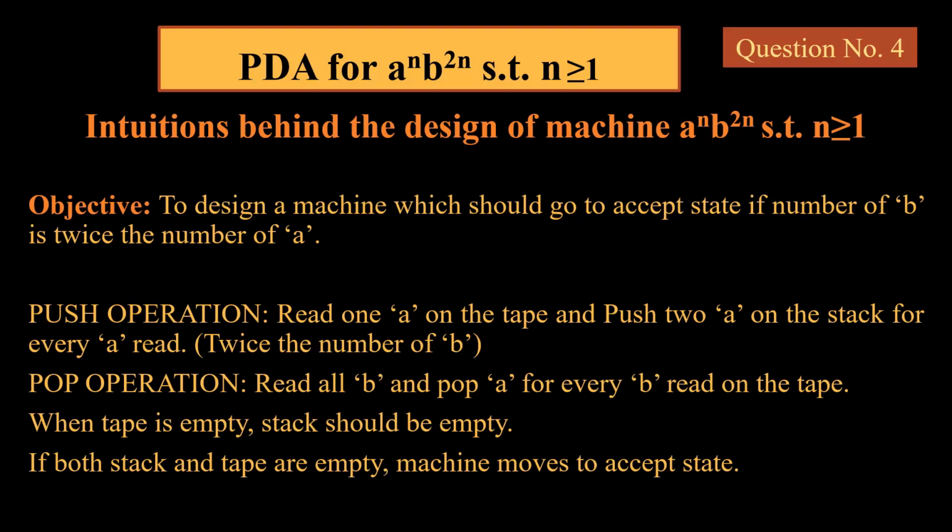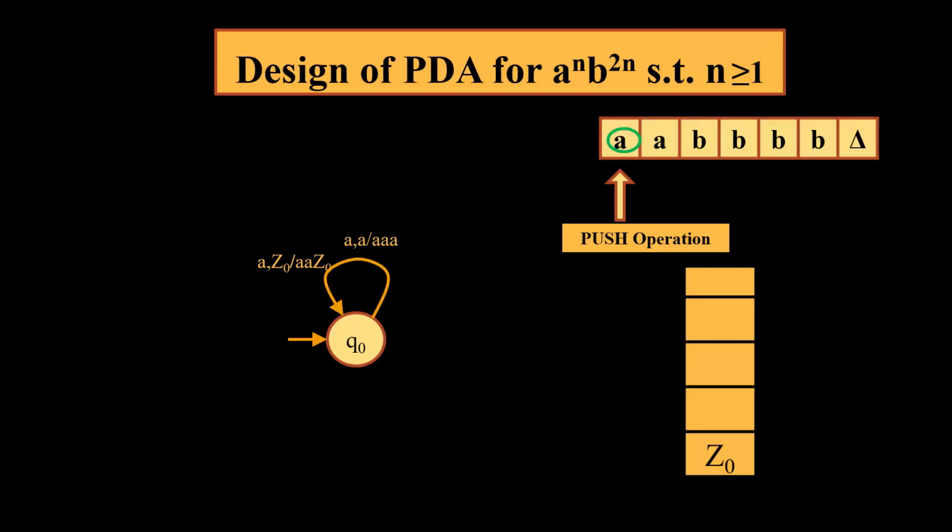So that means we have actually designed the machine for A^n B^(2n), because corresponding to every A, we are pushing 2 A's on the stack. The steps to be followed: when we come across a single A, we are pushing 2 A's on the stack instead of a single A. This is how a single read lets 2 A's be pushed onto the stack.